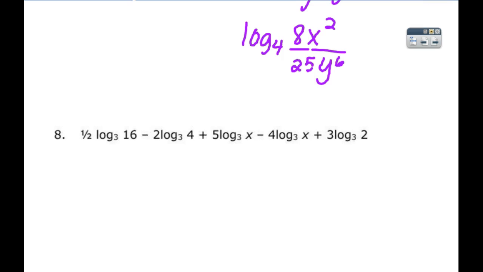Yes, we can. I'm not going to count it wrong, but you can do it. No, but can you get it right? Yes, you can. So what does the 1/2 mean? Not negative, the square root, right? So this is 16 to the 1/2.